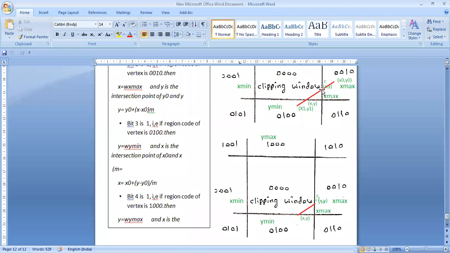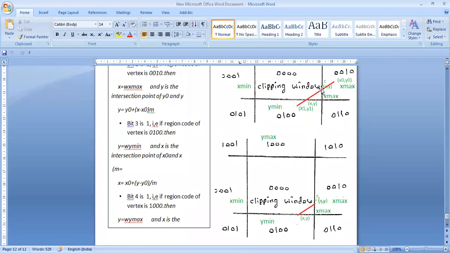So if the region code is 0010, that means it is coming out of the window towards the right side, that is, it is coming out of the x max region. So I need to bring the x coordinate of this point to x max. What I will do is bring my x to wx max, that is x max.